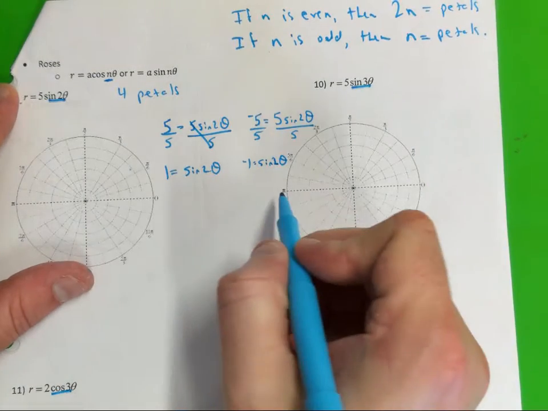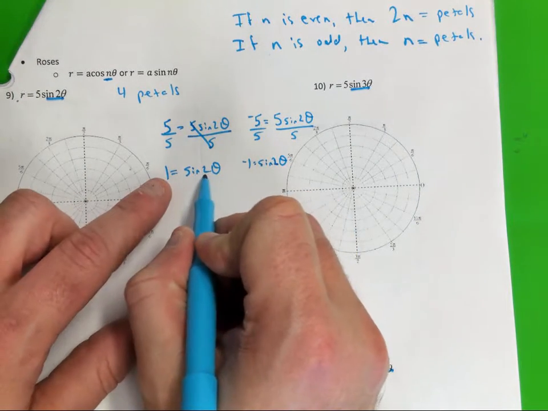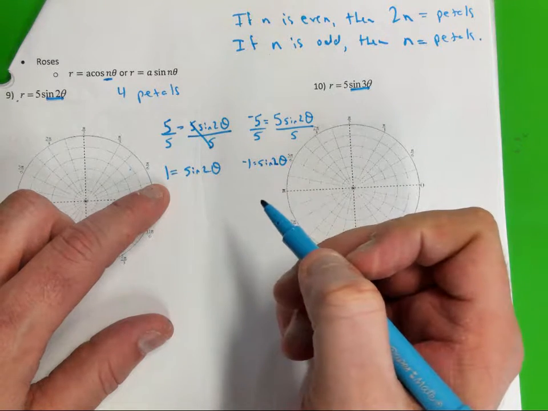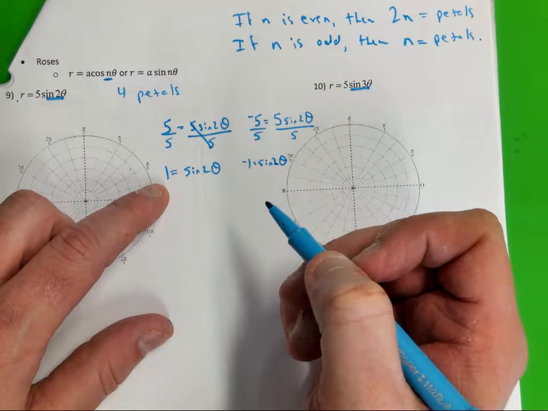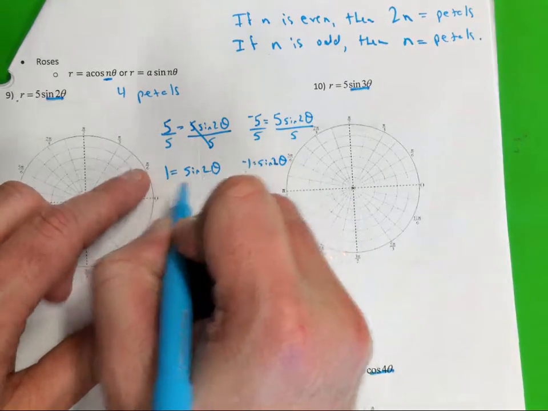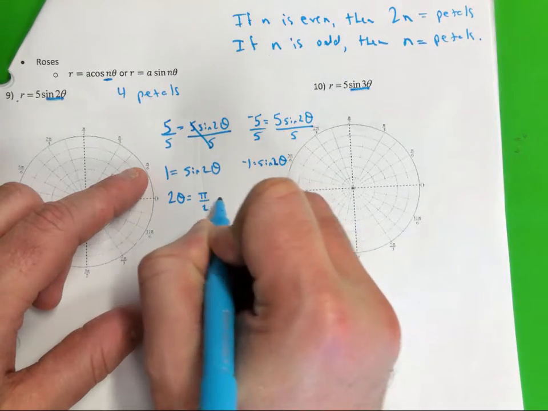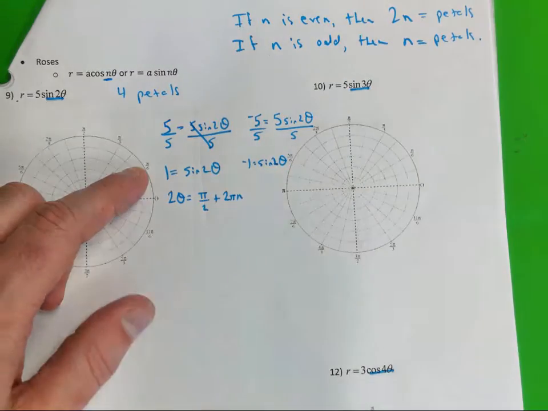Okay, now these are the equations we solved in that chapter. Remember, you ignore the 2 at the beginning. What sine value gives you 1? What major point gives you 1? Pi over 2 does. So remember, you're going to say 2 theta equals that pi over 2 value plus what? Do I put pi in or 2 pi in? 2 pi in.